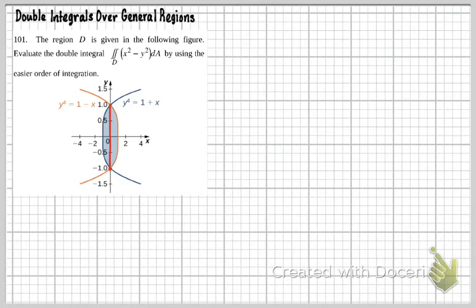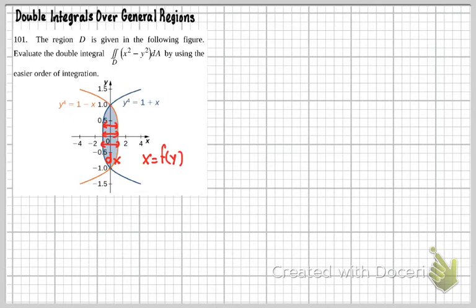So that means if we're talking about our integration, let's get what that means too. When I think of the further right one, I'm running this left to right if I'm going to fill in all of that region. So in that case, I'm dealing with a change in x. So I'm dealing with a dx. So now if I'm dealing with a dx, that means I'm dealing with a function x equals some function of y.